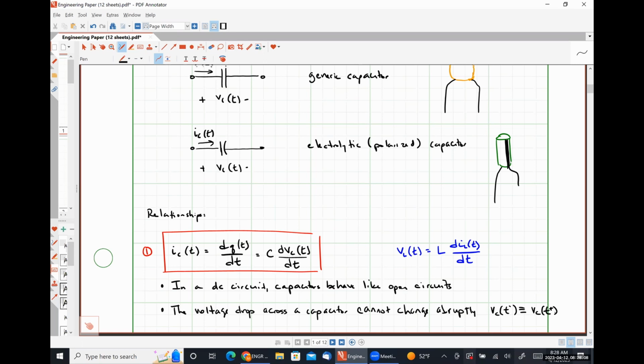So now we're going to do the exact same thing that we did to develop our next relationship. We're going to algebraically rearrange this and then take the derivative of both sides.